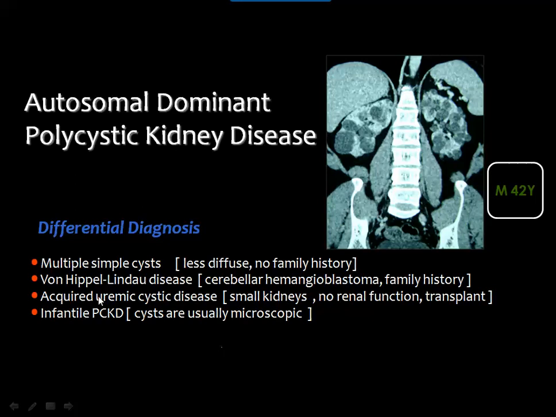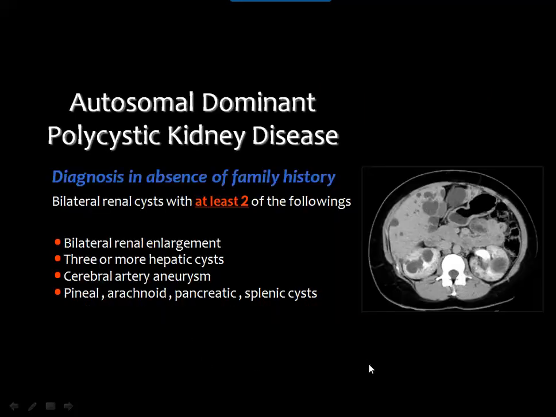The acquired uremic cystic disease, or the polycystic disease related to dialysis: the kidneys are very small and there is poor or no renal function, and you may also see the transplanted kidney in the iliac fossa. Then infantile polycystic kidney disease: the cysts are usually microscopic and there is no functioning renal parenchyma.